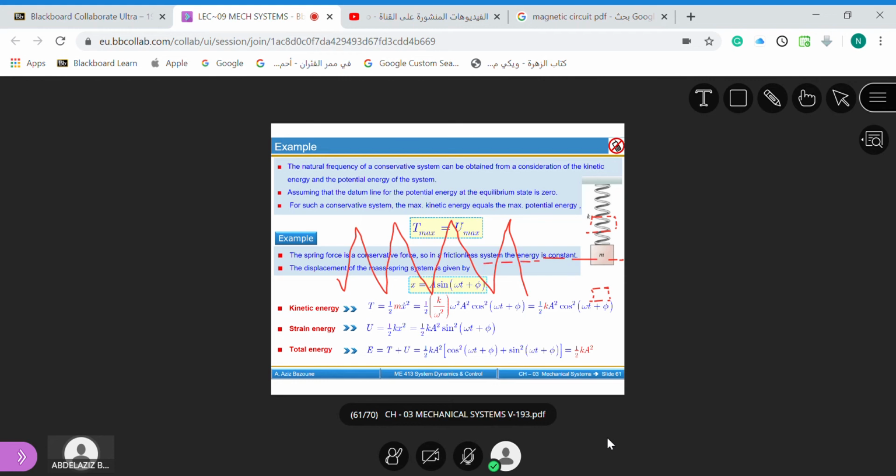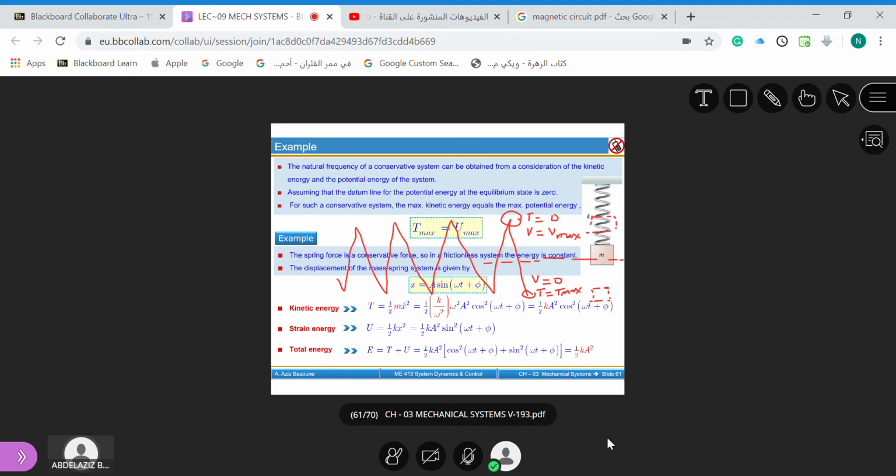If we take this as the equilibrium position, the kinetic energy T is equal to 0 at the extreme position, but V is equal to V max. While at this position, the potential energy V is equal to 0, but T is equal to T max.